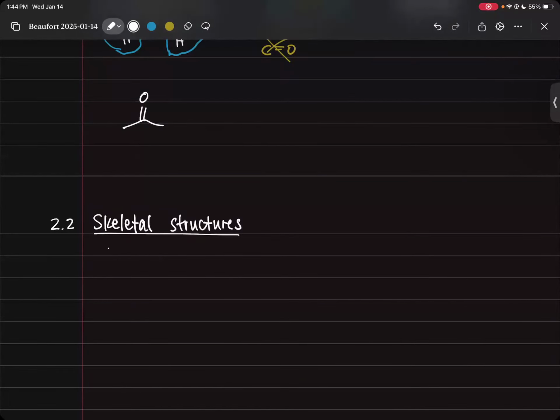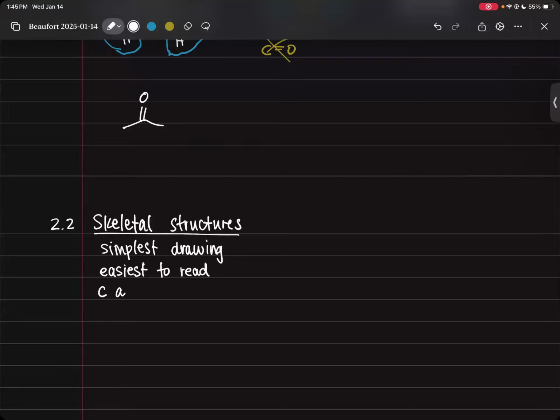So skeletal structures are the simplest kind of drawing that we have. And you may not believe me right now, but they are in fact the easiest to read. As you might be able to tell from my little drawing up there, we have omitted a lot of stuff.